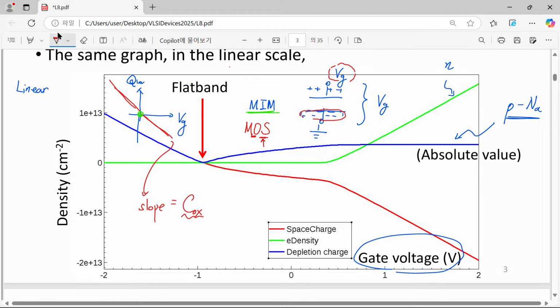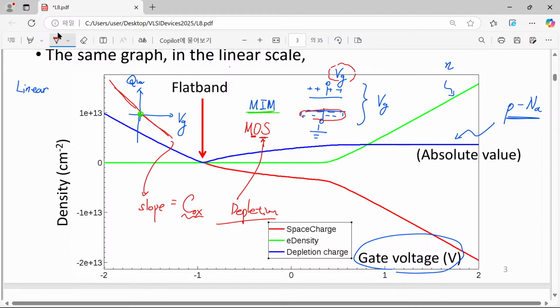And in the case of a semiconductor, we have two different mechanisms to collect negative charges. Everybody should understand these two different mechanisms. How can you collect negative charges in our semiconductor substrate? One was depletion. If our p-type substrate is depleted, then it can provide us a negatively charged layer.